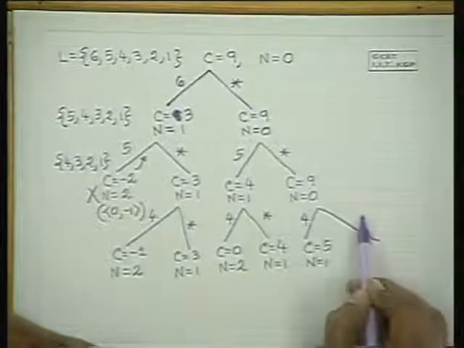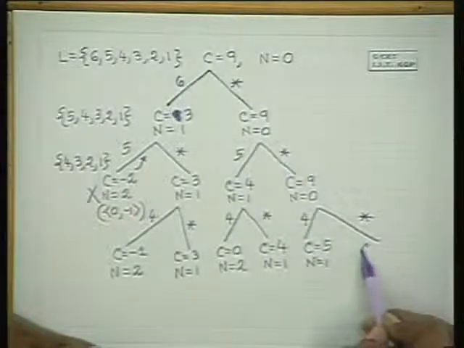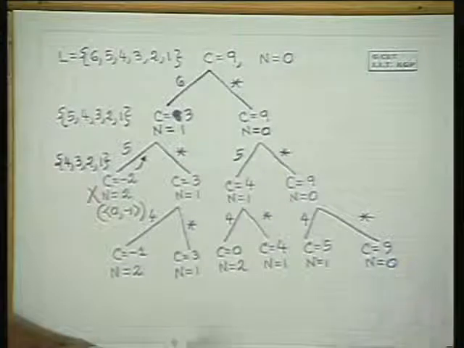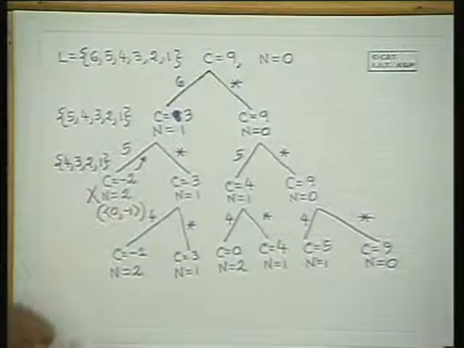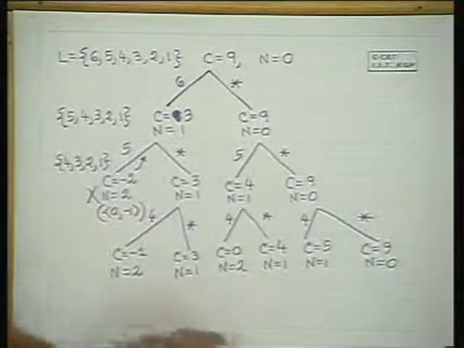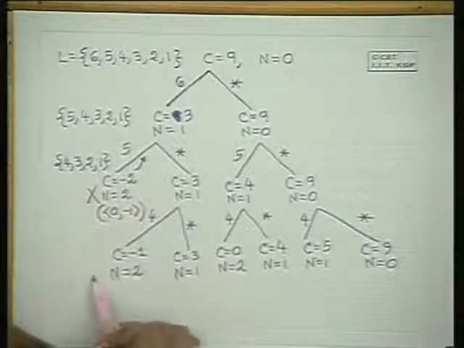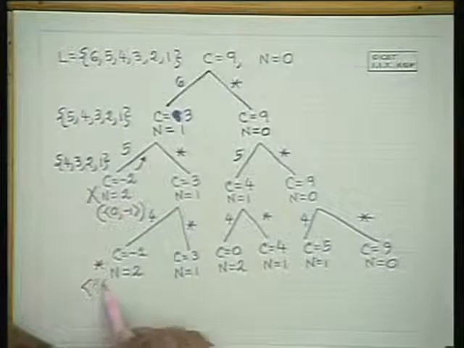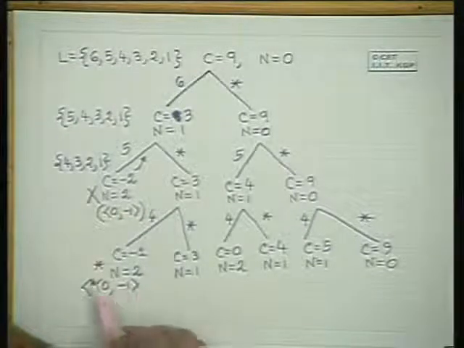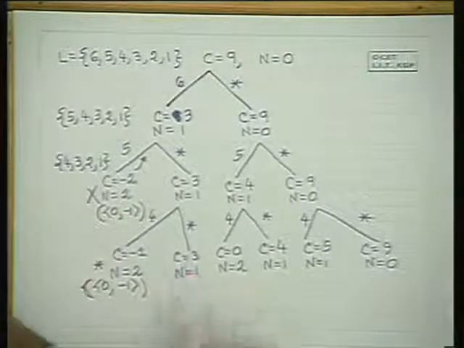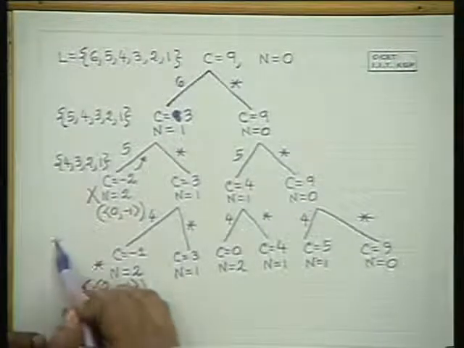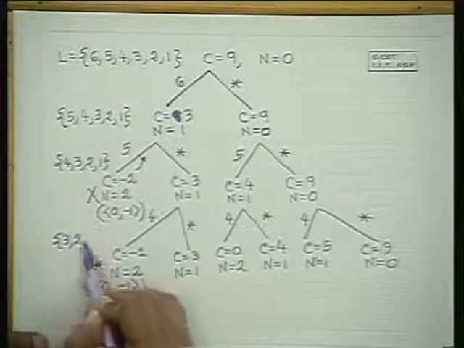Here if you do not choose 4, C remains 9, N remains 0. At this point, this is failing, so it returns 0 minus 1. This one continues, and L here is 3, 2, 1.